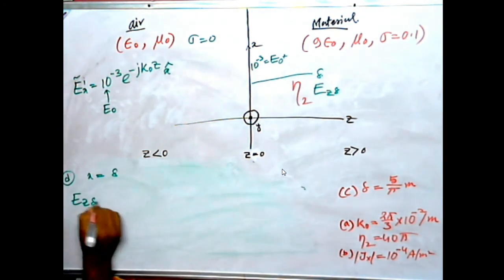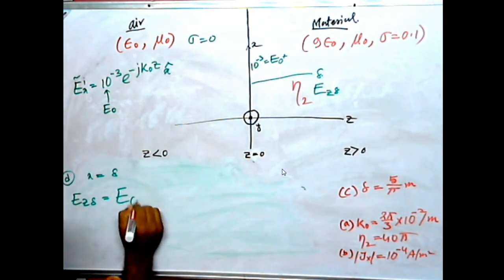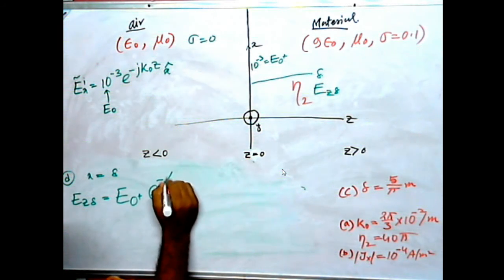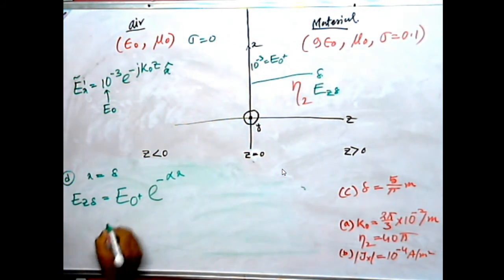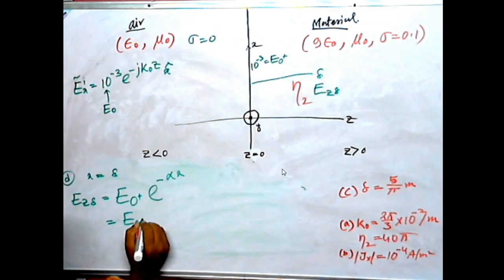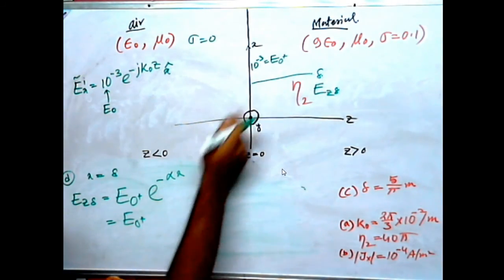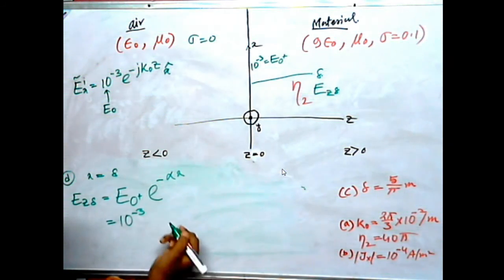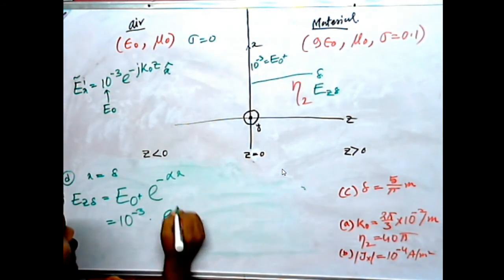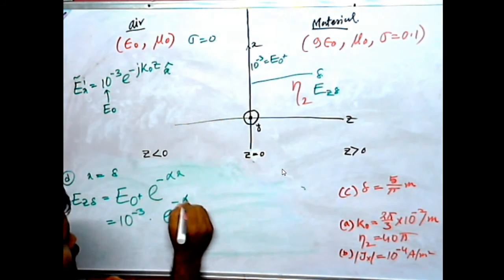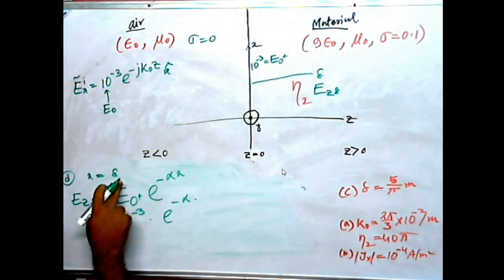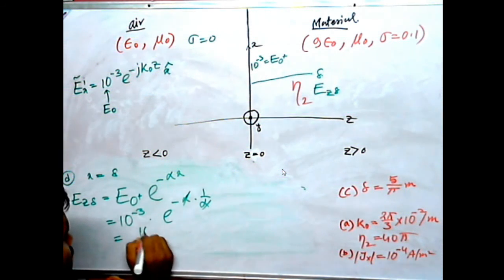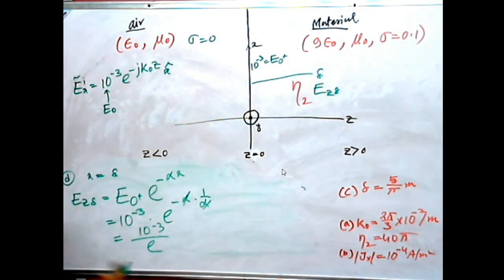Ez delta is basically E0 plus into e to the power minus alpha x. E0 plus is the magnitude over here, that is 10 to the power minus 3, and e to the power minus alpha into x. X is delta and delta is 1 by alpha, so you can cancel this. So this is basically 10 to the power minus 3 by e. This is the magnitude.